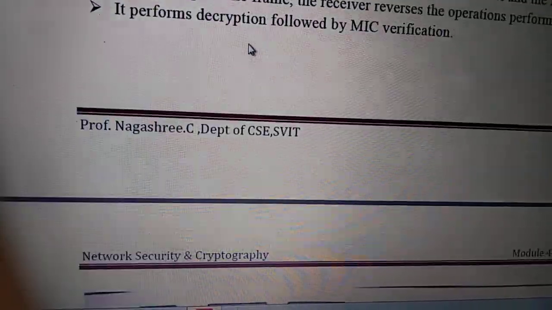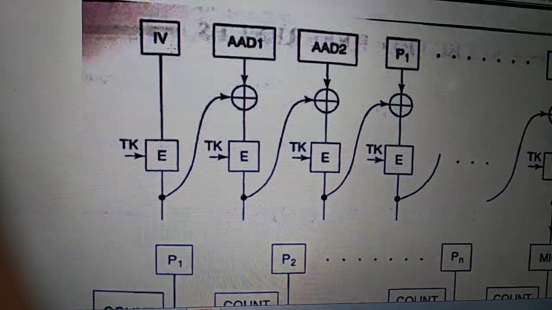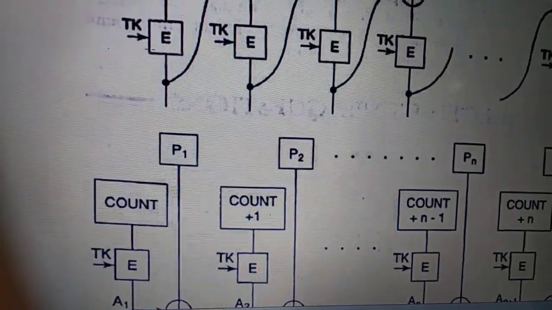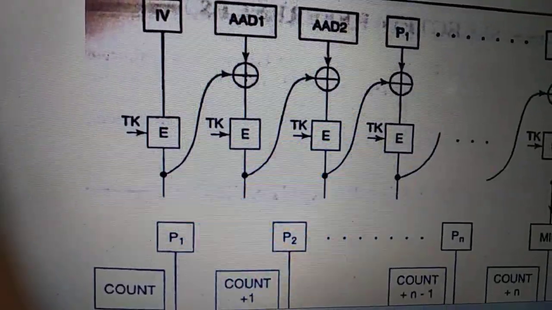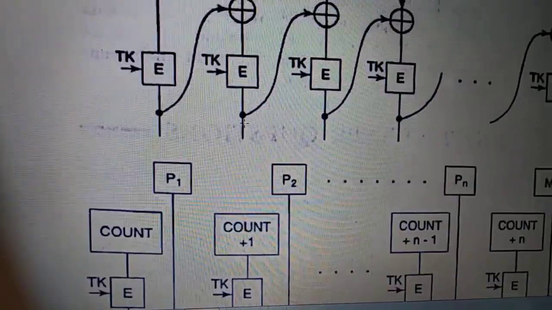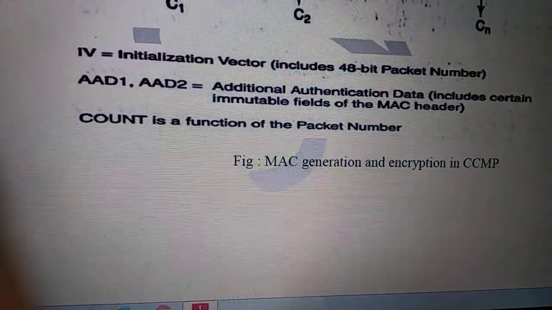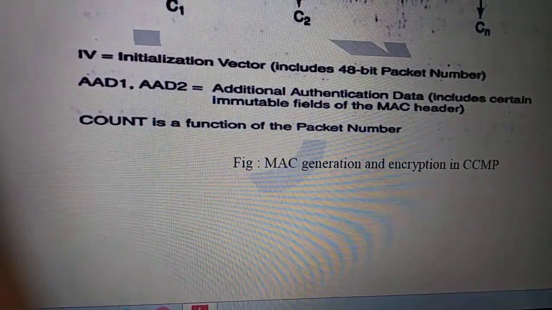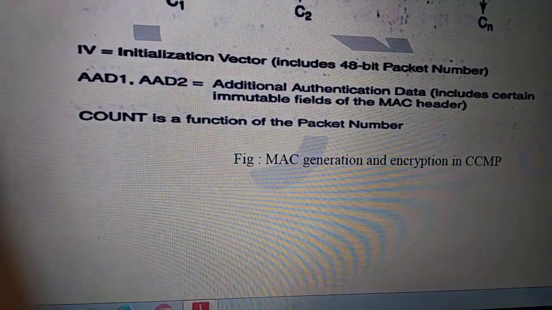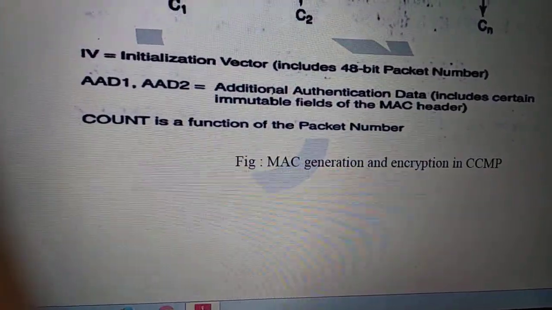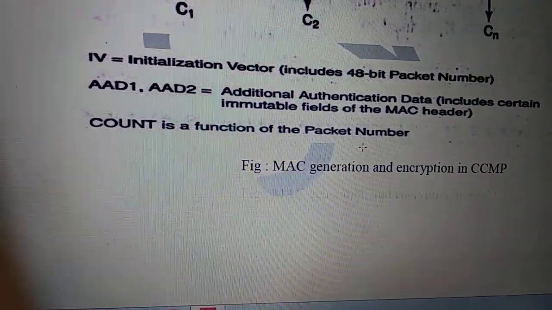Whatever you see in this diagram, the initialization vector, for each block encryption uses a temporal key that is XORed in the next phase with an additional value, the additional authentication data, which is certain immutable fields of the MAC header. The initialization vector here is a 48-bit packet number, so the count is a function of the packet number.